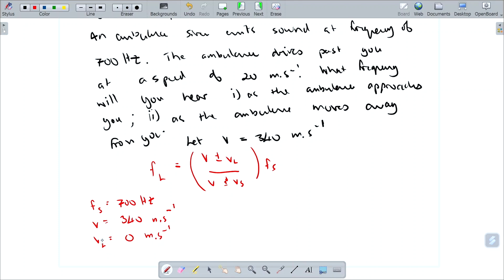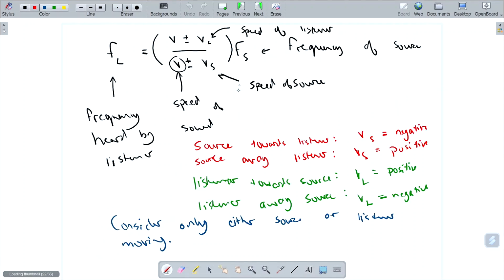For the first case, the velocity of the source is going to be minus 20 meters per second. Why is it minus 20? Because if we look at our information on the previous page, if the source is moving towards the listener, the velocity of the source is negative.